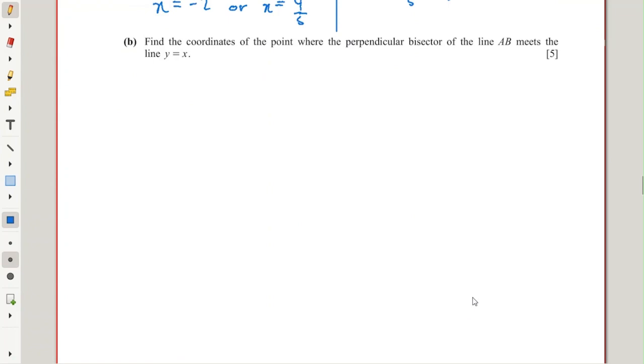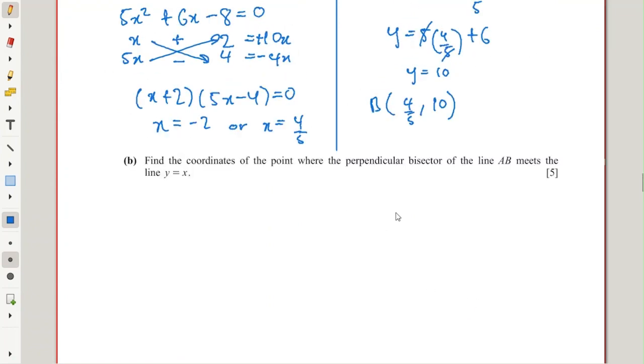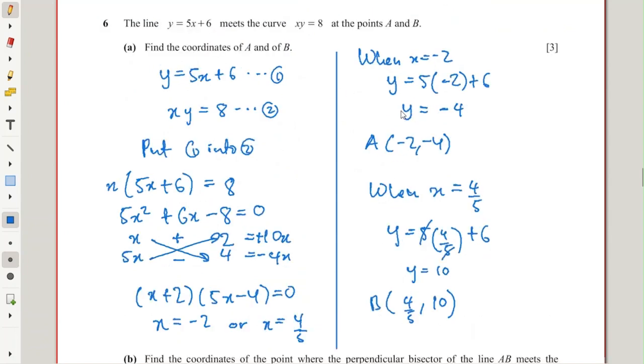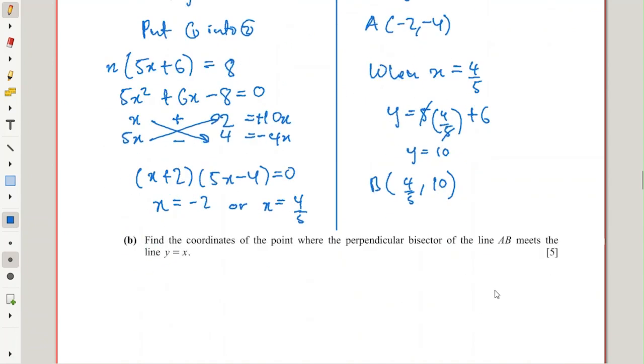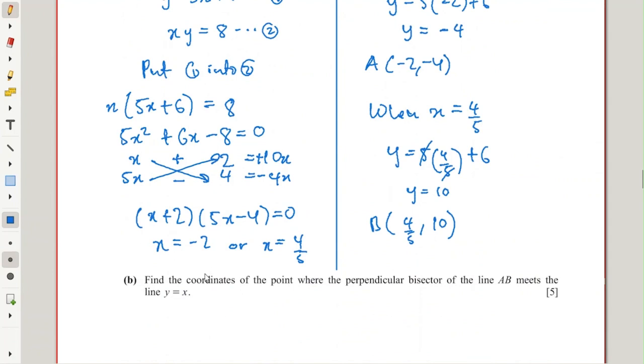Find the coordinates of the point where the perpendicular bisector of AB meets the line y is equal to x. So you're going to find the perpendicular bisector of AB. First of all, A is -2, -4, and B is 4 on 5, 10.